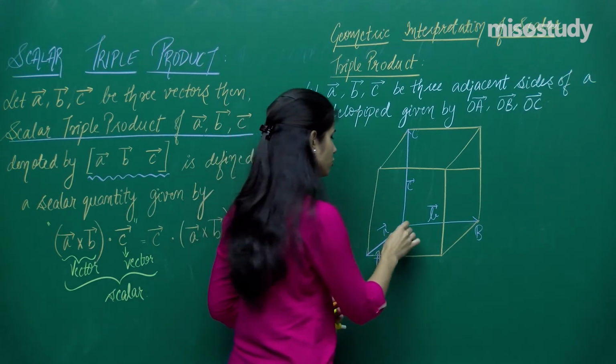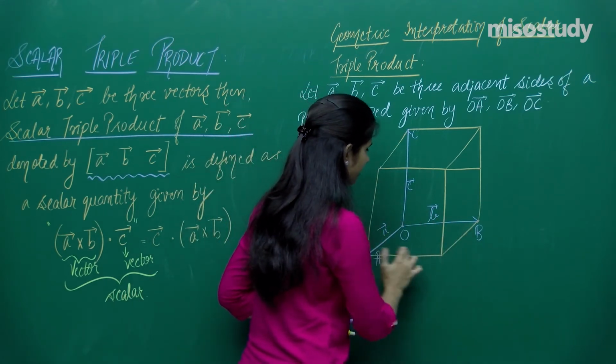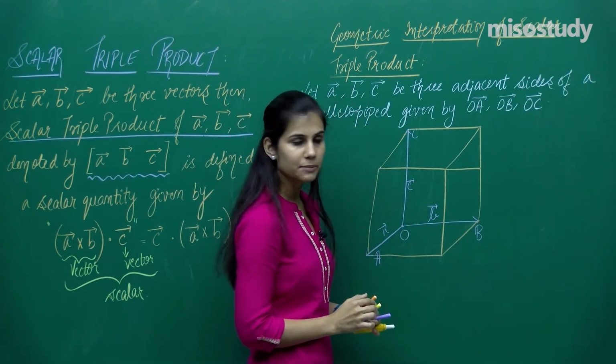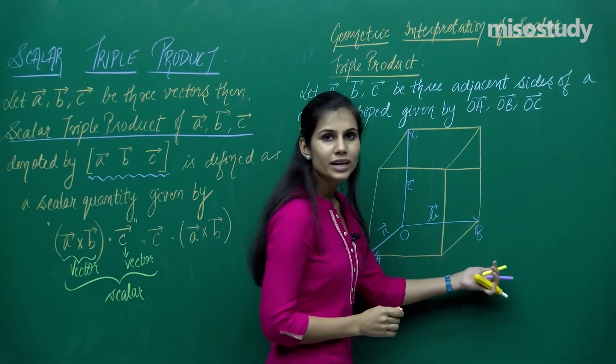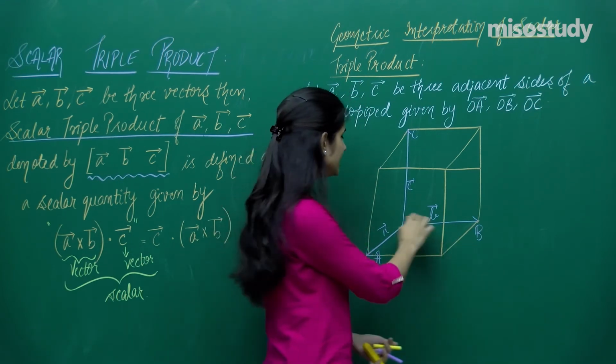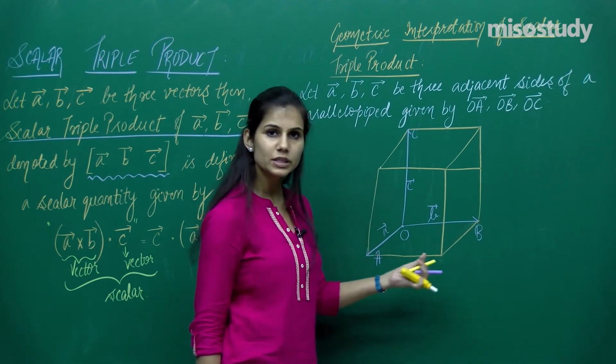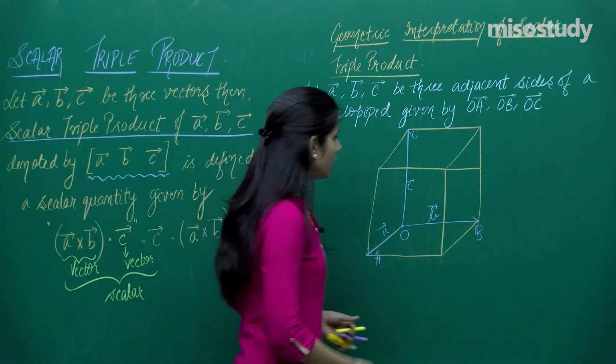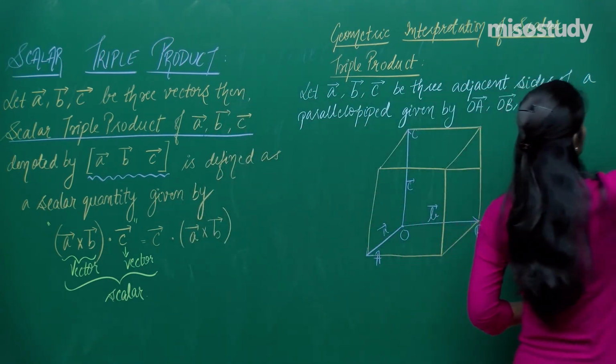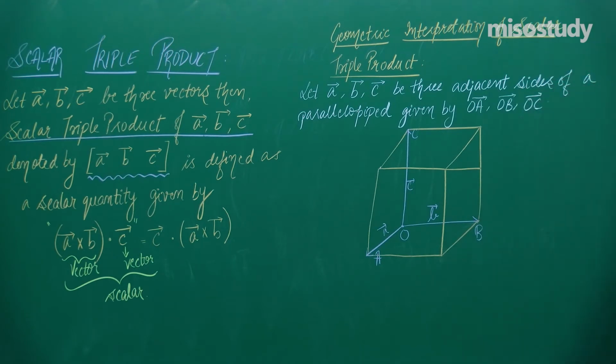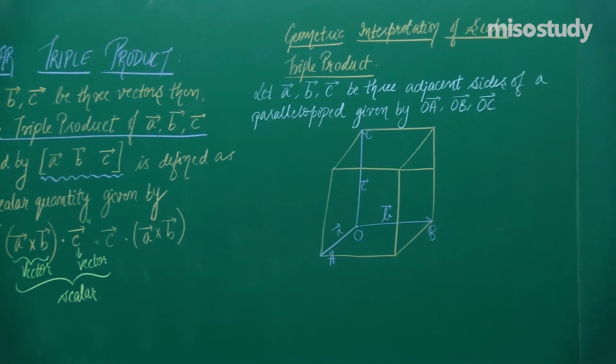Now, what you need to do over here is, if you just understand this particular base of this parallelopiped, I would actually be moving ahead with the scalar triple product with these 3 vectors as the adjacent sides of this parallelopiped. Now, if you remember the cross product, what was the thing about cross product?